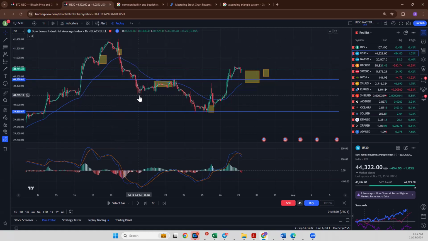We had a low, and then we had a lower high at this point. So when you see a lower high, what you're going to look for is for that previous low to be broken.